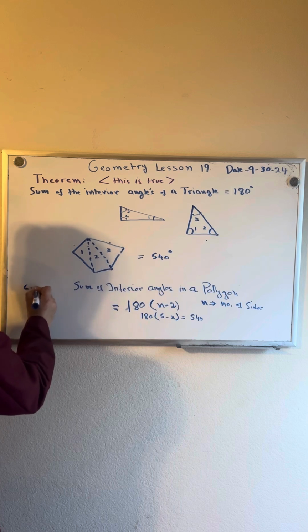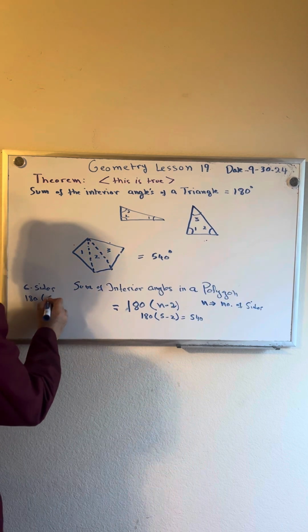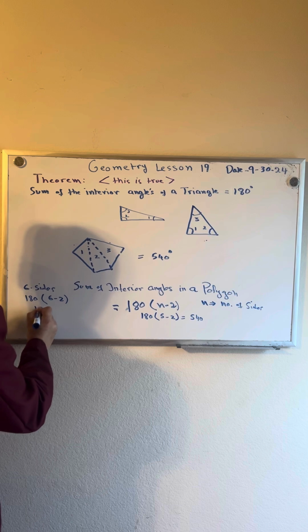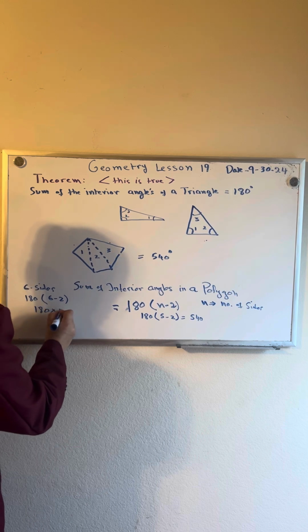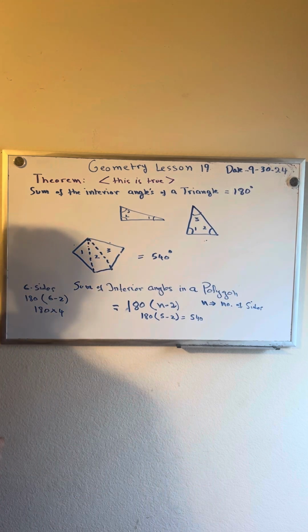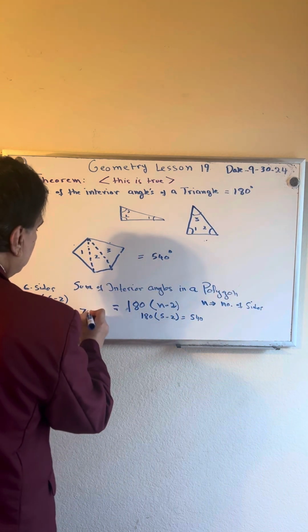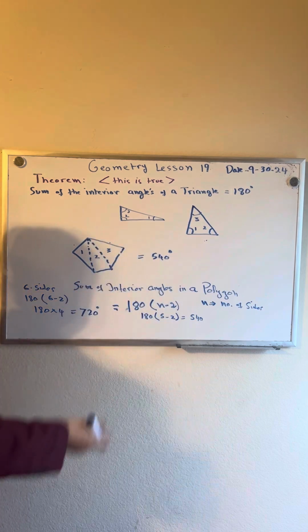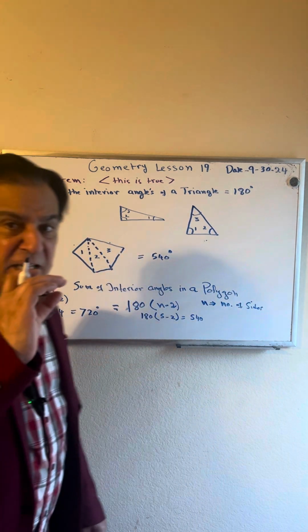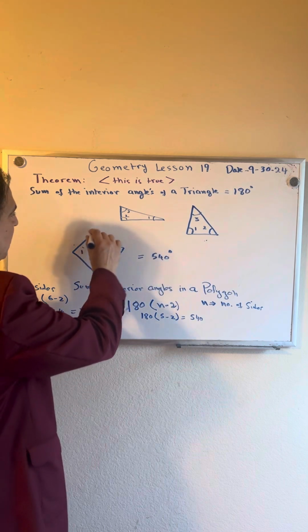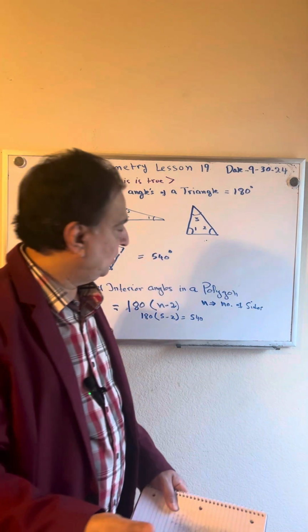Then I would say 180 times the number of sides, 6, minus 2, so 180 multiplied by 4. That's 360 plus 360, equal to 720 degrees. That's how you can find the interior angle. I'm talking about the interior angle, not the exterior angle. We already went over the exterior angle.